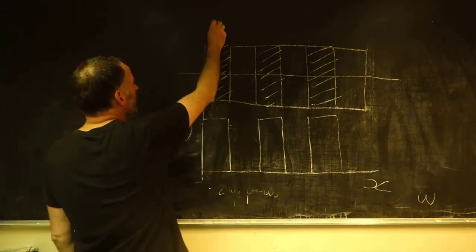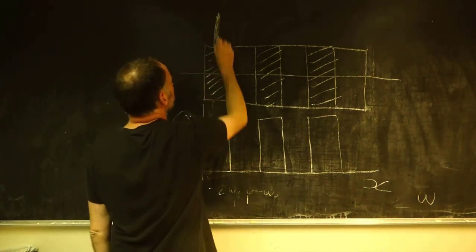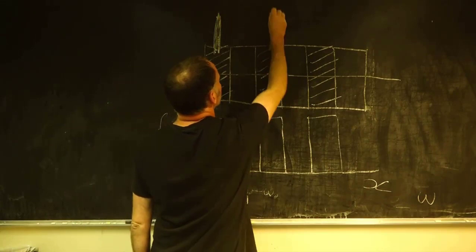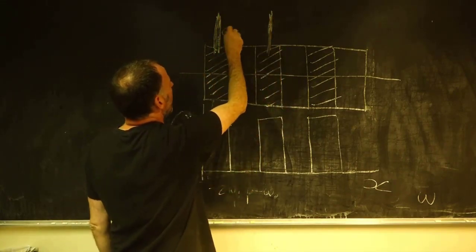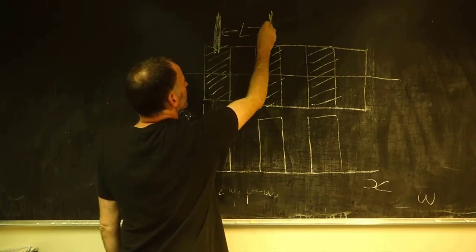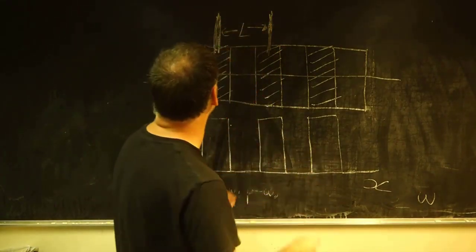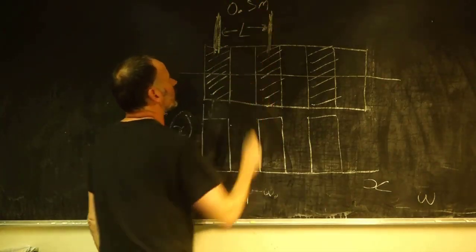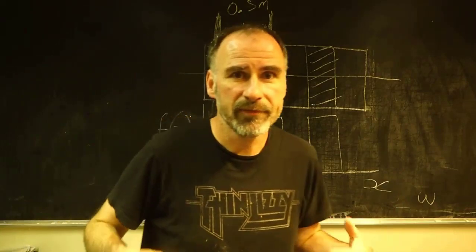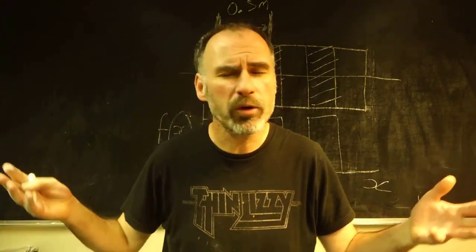So we can write down, what's the separation between here? Let's say that this is L. Distance is 1 period. And let's say, for the sake of argument, that it's 0.5 meters. That's our period. That's our spatial period. We can call it L, we can call it lambda, whatever you want to call it.